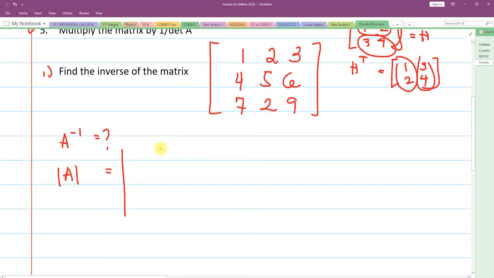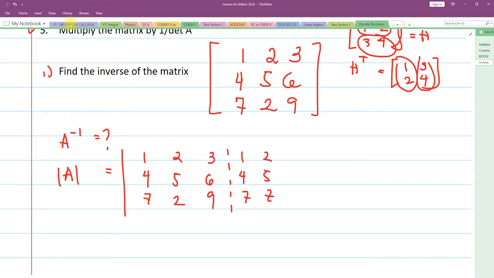Since this is a 3 by 3, we can use the basket method, wherein we copy the first 2 columns, 2, 5, 2, and then get the determinant.